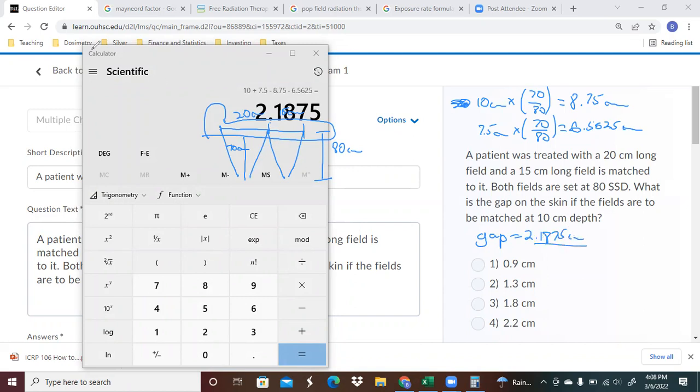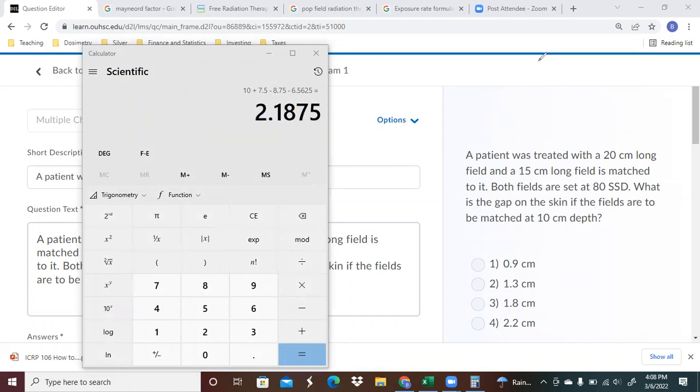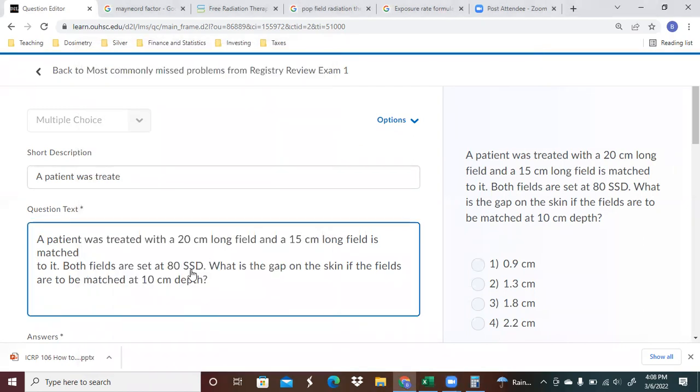Okay, so the moral of this particular story is, in this particular case, it says both fields are set at 80. What is the gap on the skin if the fields are to be matched at 10 cm depth?